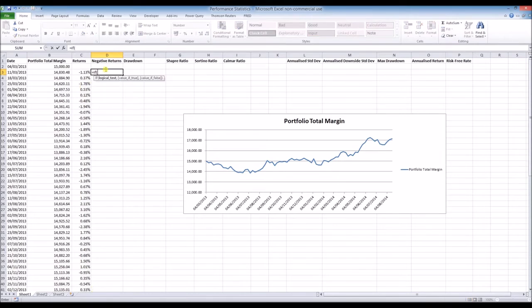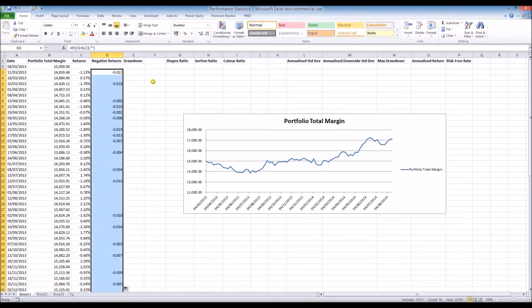So equals IF, the logical test is if the cell in column C is less than 0, i.e. negative, then we want to return that value, and if not, leave the cell blank. Those two speech marks mean leave the cell blank. Copy that down.